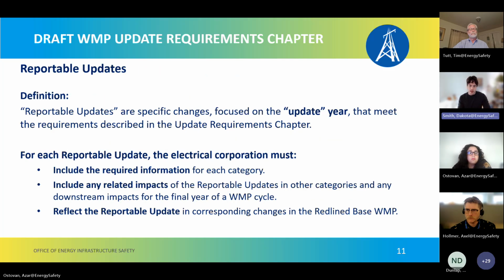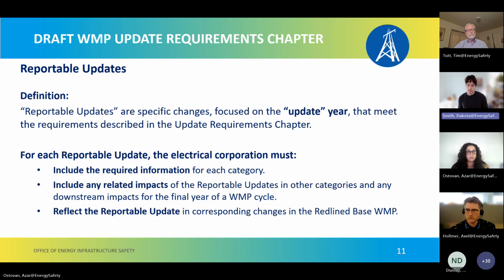And then next up, we have reportable updates. What are reportable updates? We have a definition that they are specific changes focused on the update year in question that meet the requirements that are described in the update requirements chapter.